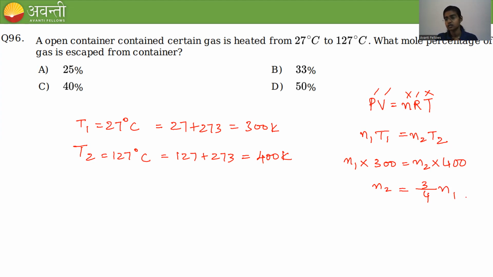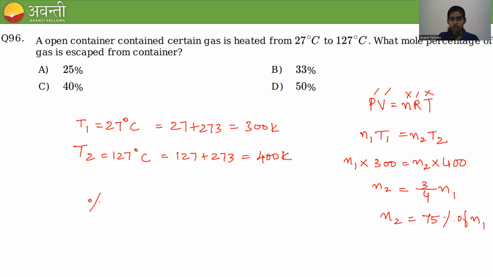That is 75% actually. 3 by 4 of N1 means N2 is 75% of N1. So the number of moles of gas escaped from the container would be 25%.